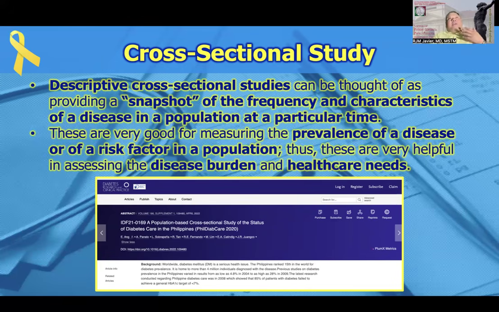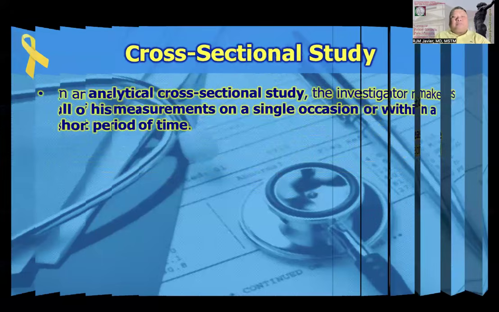So if you are merely interested with determining burden of disease, then that's purely a descriptive cross-sectional survey. Even your future community diagnosis, when you visit San Juan and you do home interviews, you are actually doing a descriptive survey, a descriptive population-based cross-sectional study.